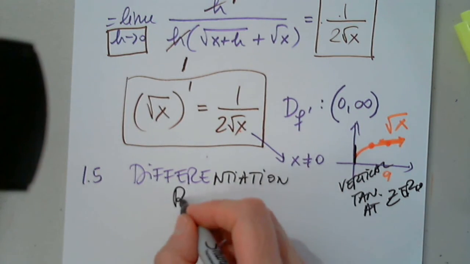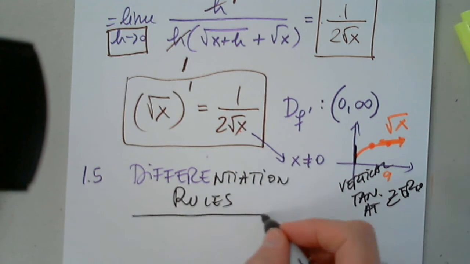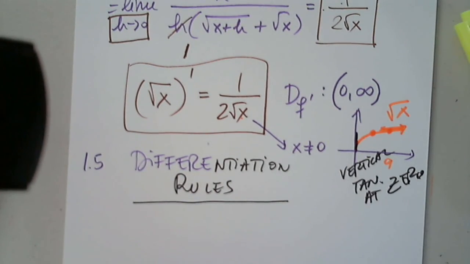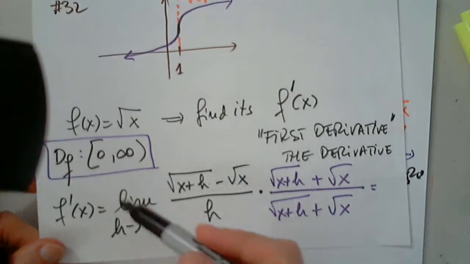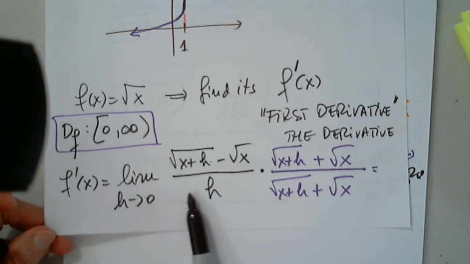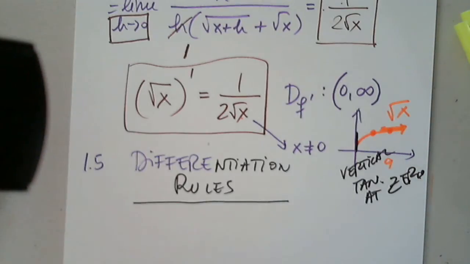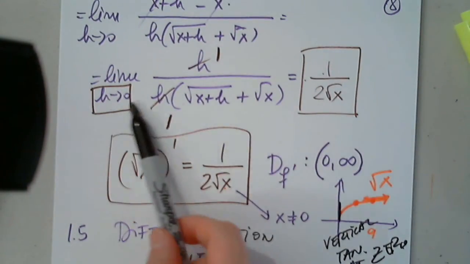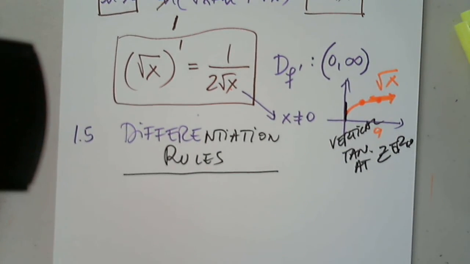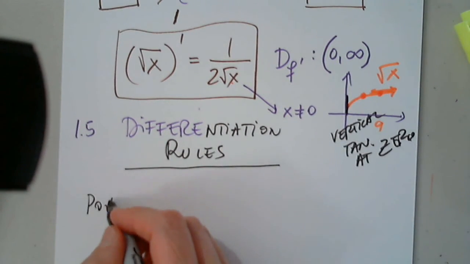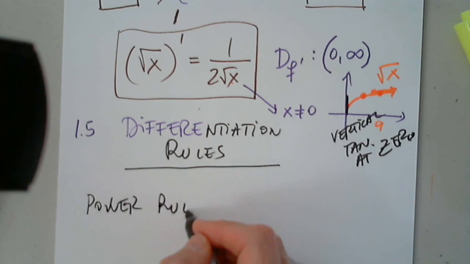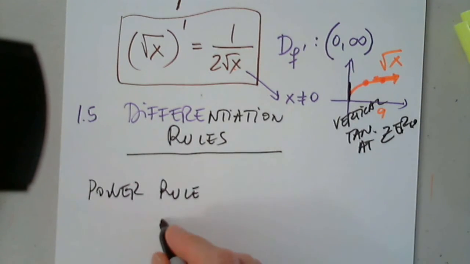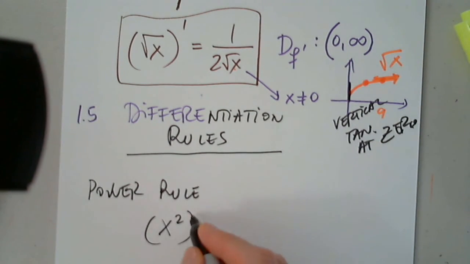So, differentiation rules. I know that this is what you're waiting for because no one wants to find a derivative doing this. No. Okay, so power rule. Do you remember when we differentiated x squared?